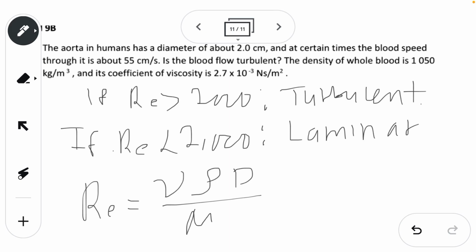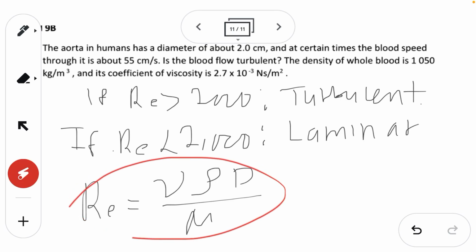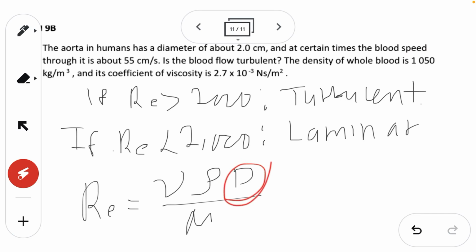This is a very simple thing to do, it's just a formula. We have the speed, which is 55 centimeters per second. We also have the density, which is 1050 kgs per cubic meter. The diameter is given as 2 centimeters, and we also have the coefficient of viscosity.